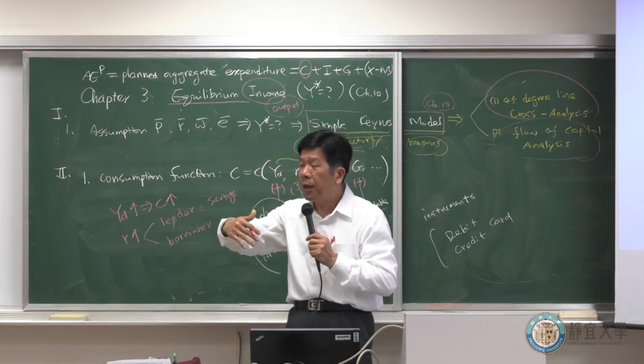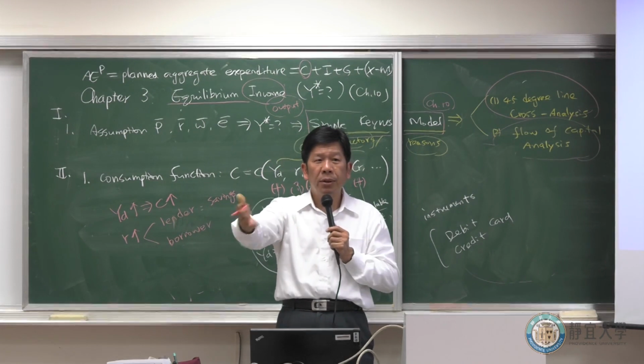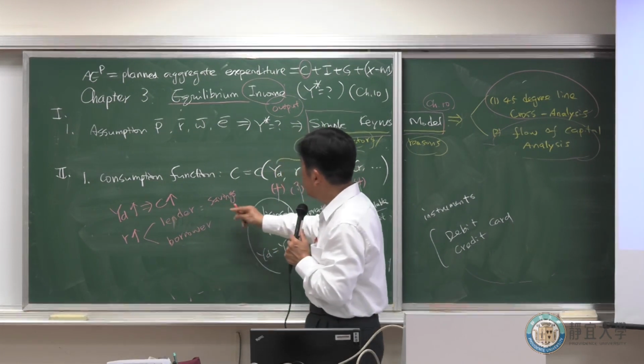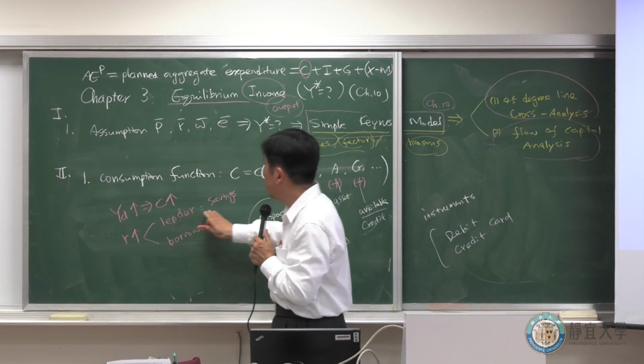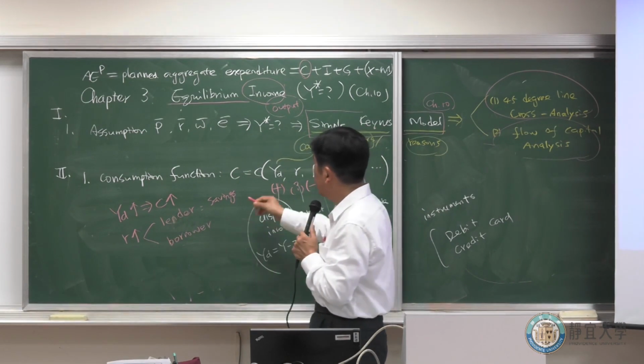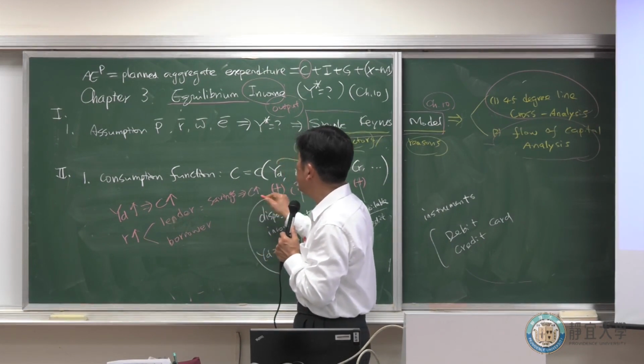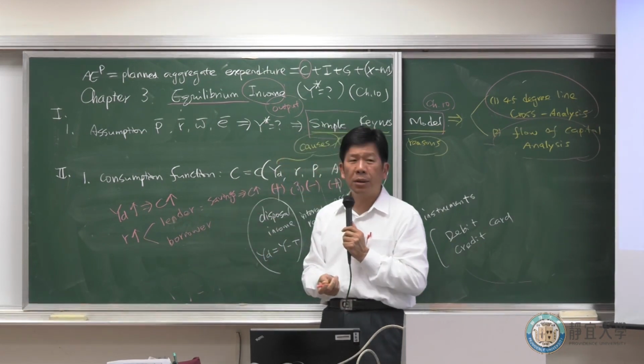They have money lent to someone, so they are rich people. So when the interest rate increases, their earnings will increase, so their consumption will increase.